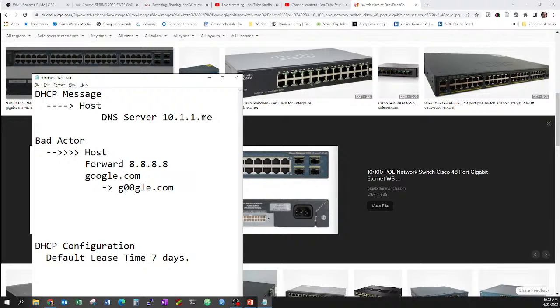Then I flooded that server with bogus requests, and maybe I had a pool of 1,024 addresses.